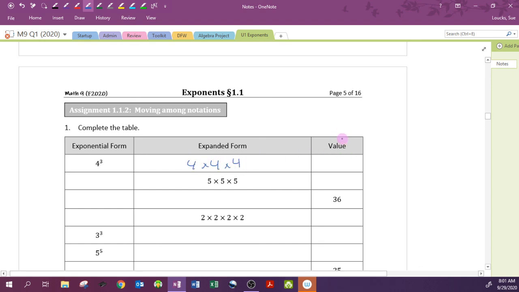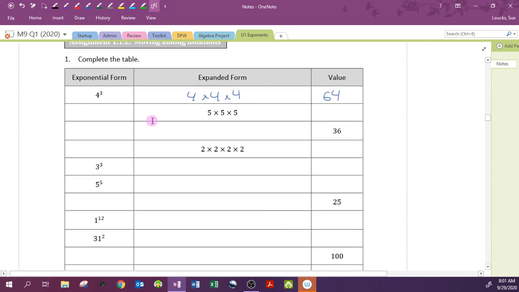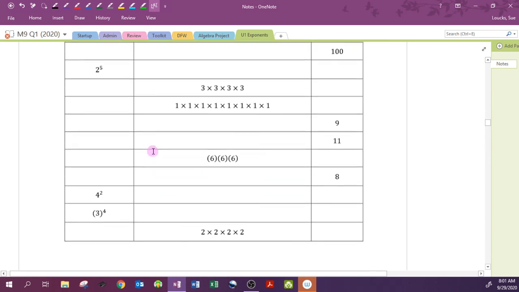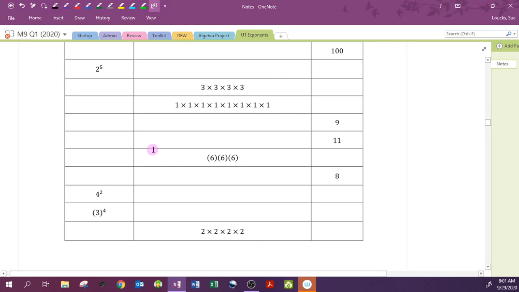And from my table, I know that 4 cubed is 64, and that's one that you should know or be working on learning. There's some in here that you don't, like there's one down here, 31 squared. I don't expect you to know that. Most of the rest of them are ones that you should have. They're in the category of you should memorize these, I think. Not the 6 cubed, but okay, that's it.